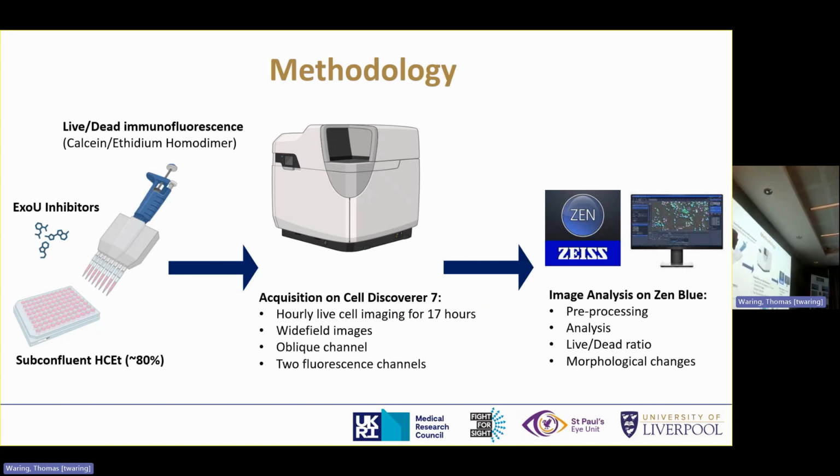So the acquisition we'll be doing on the CD7, we take images from each well every hour for 17 hours. They're wide field images. We've been using the oblique channel and 2 fluorescence channels as well to pick up the live dead calcium, ethidium, homodimer, and then using Zen Blue to do all the pre-processing and analysis, looking at live dead ratios and also morphological changes.